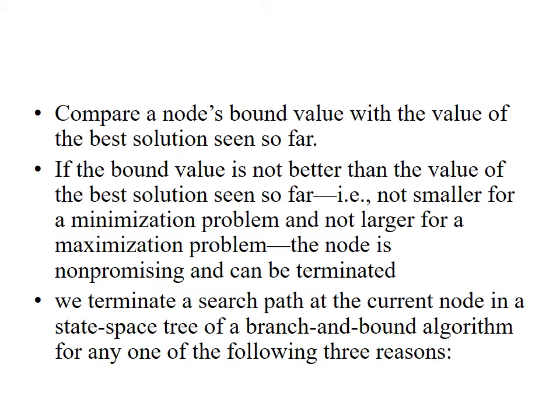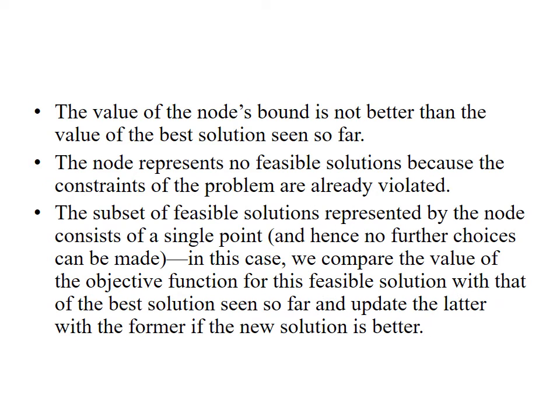We terminate a search path at the current node in the state space tree of a branch and bound algorithm for the following three reasons. The first reason is the value of the node's bound is not better than the value of the best solution seen so far. The next is if it violates the constraints.